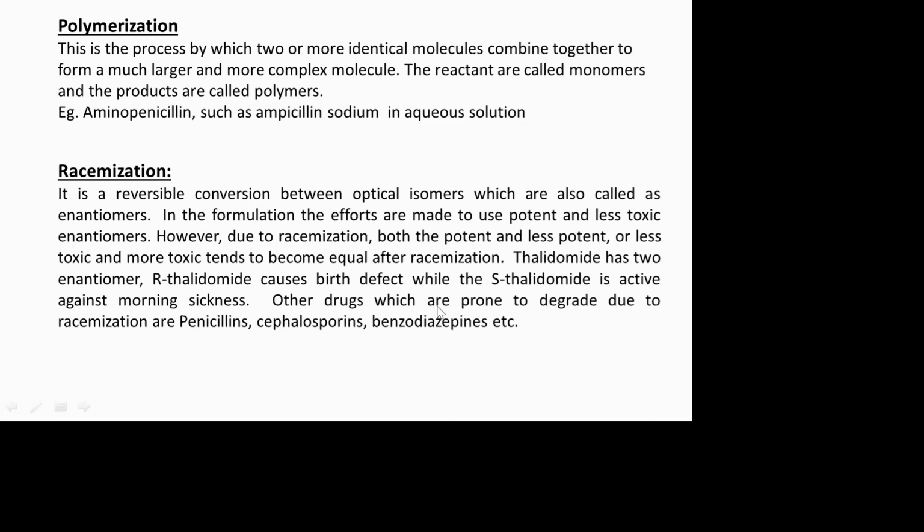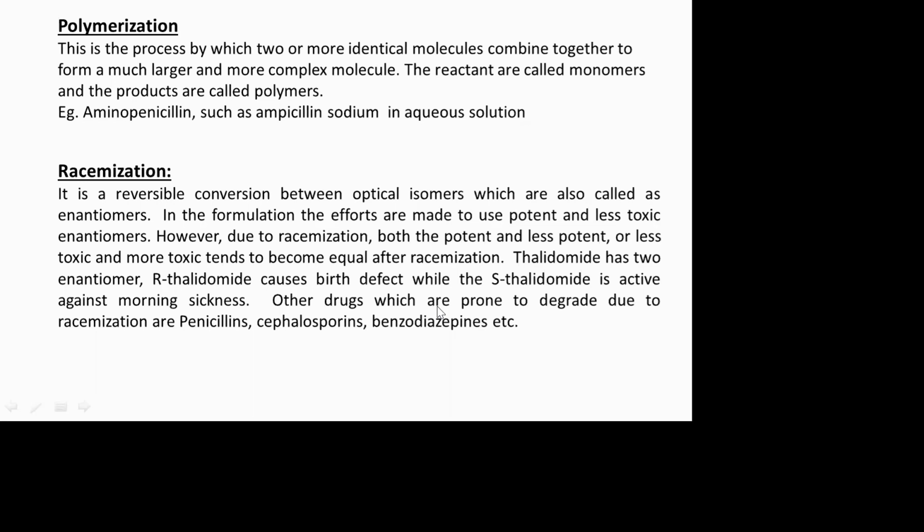First of all, we know about enantiomers. Every drug has different enantiomers. One enantiomer may be a very active form and one may be an inactive form. So while making a drug formulation, we use the active enantiomer. We try to increase the percentage of the active enantiomer, like 90%, 99%.